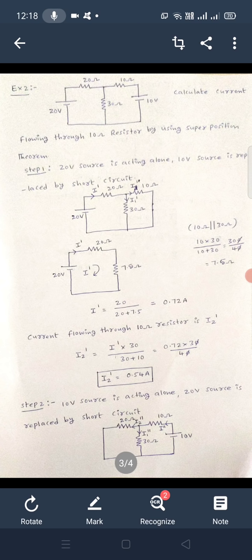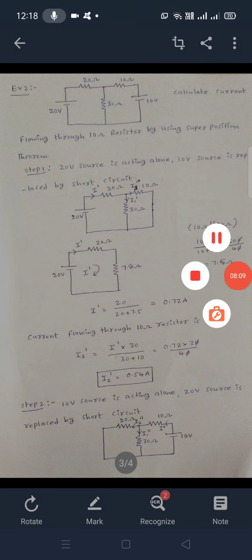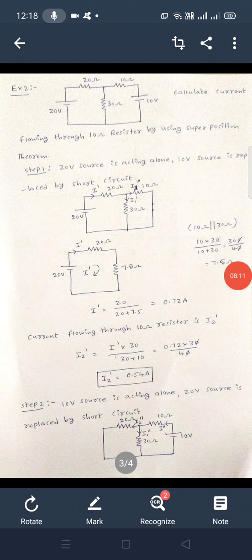That is 0.72 into 30 divided by 40. You will get I2 dash is 0.54 amperes.